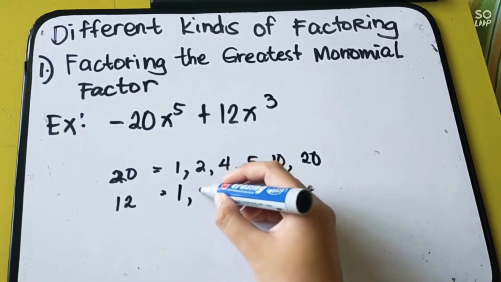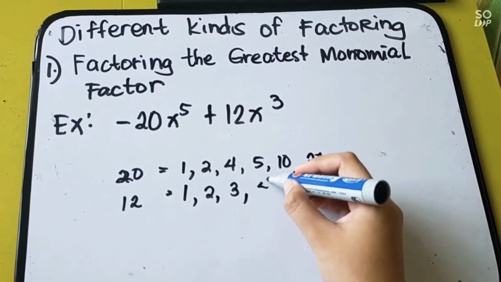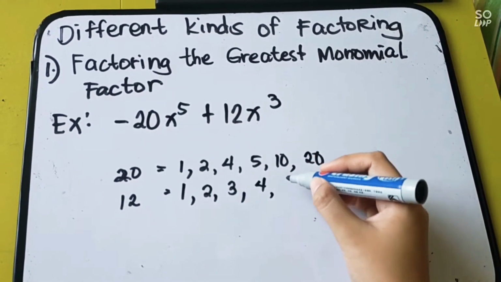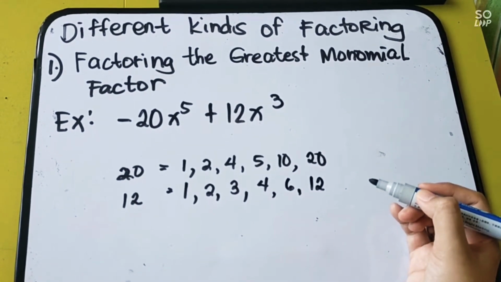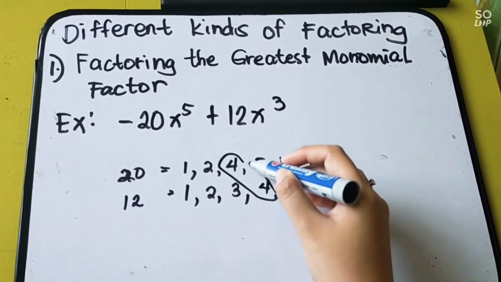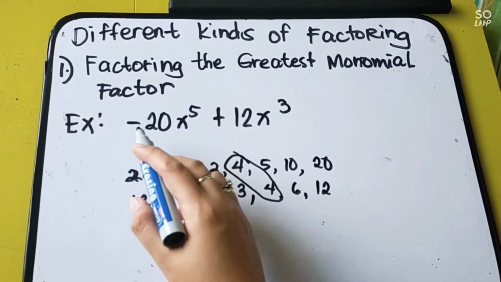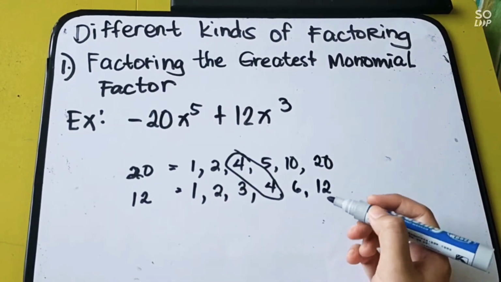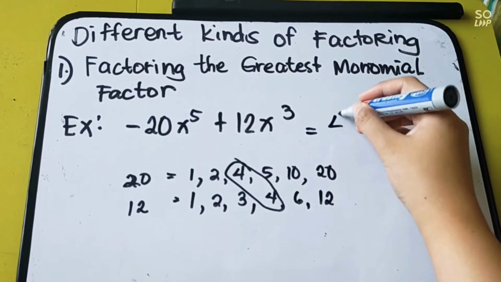We have 1, 2, 3, 4, 6, then 12. Now, as you can see, what's the greatest one? We have 4. So, that's the greatest number that you can factor out of 20 and 12. Okay? So, right here, we have 4.